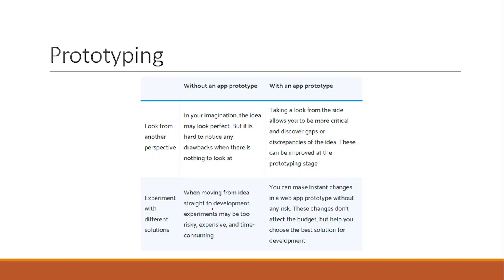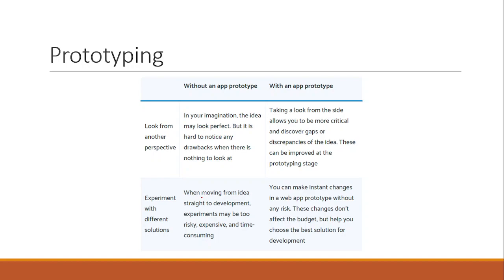If you design using code, that consumes even more time, because when it comes to development, you have to code it, right? You have to design it, and then if you change your mind, either you have to scrap that code or you have to implement some changes. The changes can be minor or major, depending on your design.